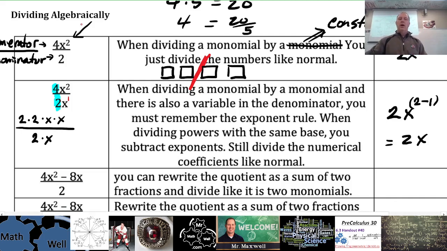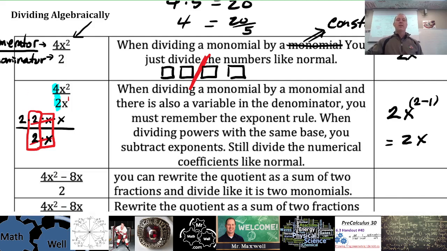So another way to view this is when you're dividing, you can separate like factors. There's a 2 as a factor on top and a 2 as a factor on the bottom. And then there's an x as a factor on top and an x as a factor on the bottom. And 2x divided by 2x is just 1. So what am I left with?